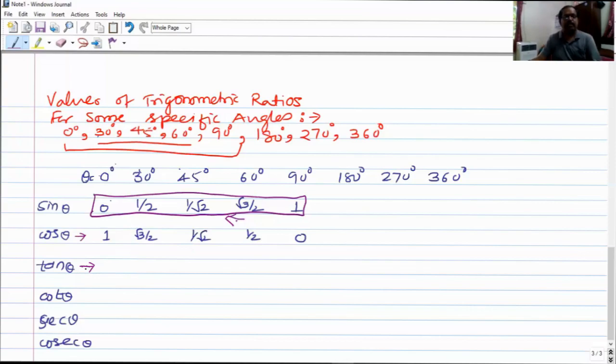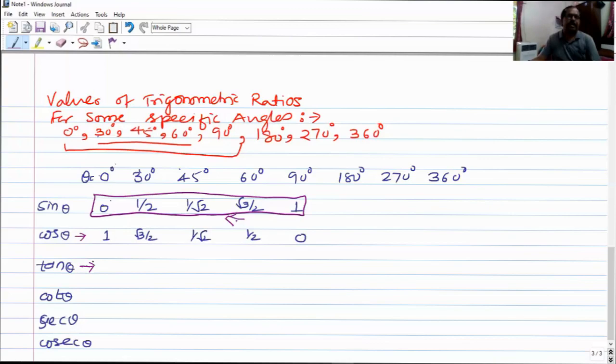So now how to get the value of tan theta? The remaining values are very easy, they will be obtained from sine and cos only. Since tan theta is sine by cos, the values of the trigonometric ratio can be obtained by using the same relation. Since sine 0 is 0 and cos 0 is 1, can I have tan 0?